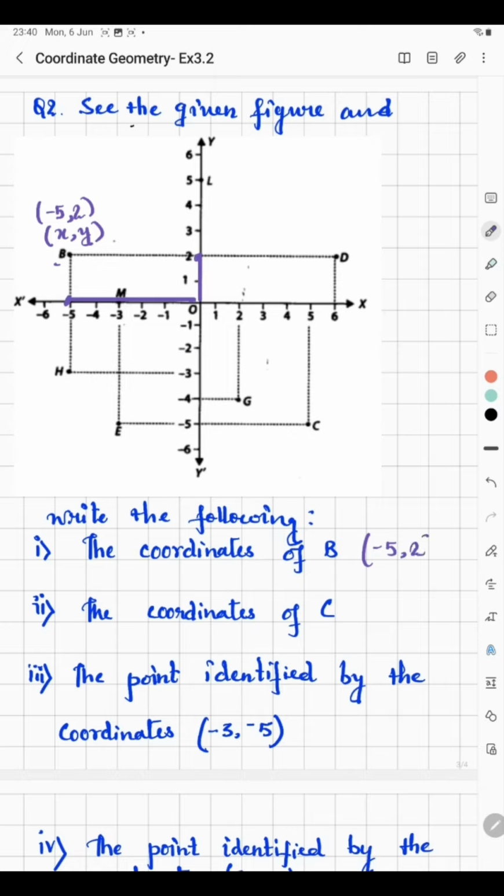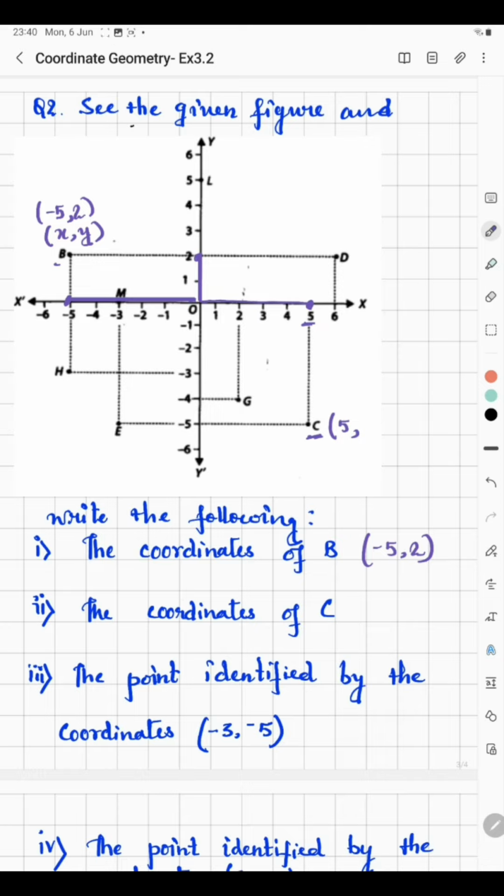So the coordinates of point B will be -5, 2. Okay, now next. In the second part we have the coordinates of point C. Now point C is here, so we'll write the value of x and then y. The value of x, see here, is 5.